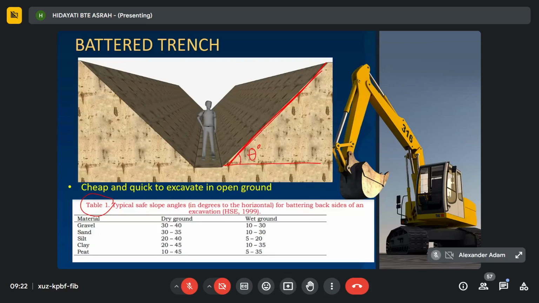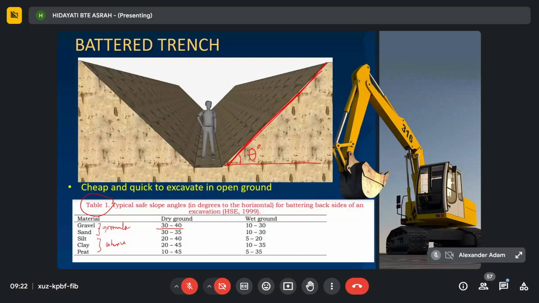Gravel and sand fall under granular material, and silt, clay, and peat are under cohesive material. For example, in granular soil like gravel, if it is dry ground, the slope angle is between 30 to 40 degrees.